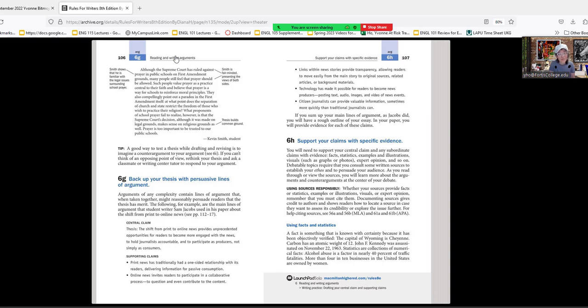So anytime you have any kind of numbers, you have to cite the source. Alcohol abuse is a factor in nearly 40% of traffic fatalities. More than 4 in 10 businesses in the United States are owned by women. So whenever you have any kind of numbers, fractions, dates, you have to cite the source.